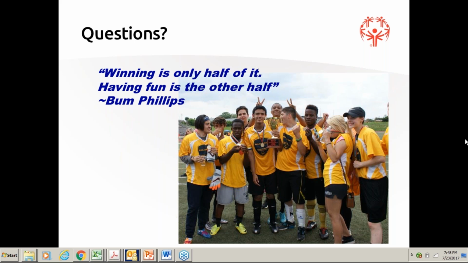Let's see, the question on this one is, will the unified teams play against regular seven-a-side teams? So in fall sectionals, we will make all attempts possible to division unified together. There may not be enough unified teams competing in those events.